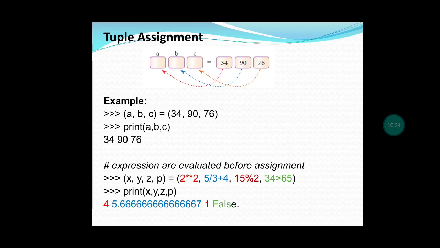And 34 greater than 65. 34 is not greater than 65, so we are getting the answer false. So not only can we give values alone in the assignment of the tuple, we can also give expressions for the tuple assignment. That we can understand from this example.